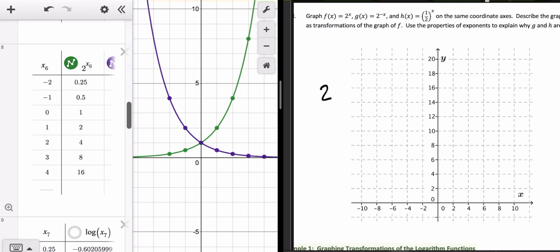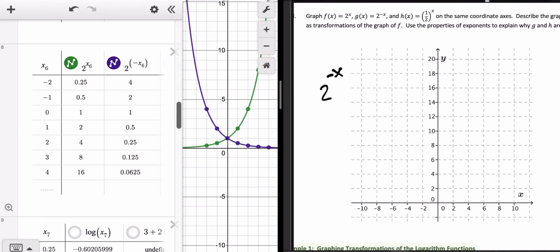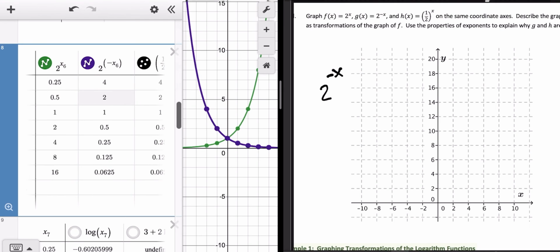Well, that's going to be 2 to the negative x. That puts our 2 in the denominator, right? So let's see here. Did I do that? Oh, yeah, I did. Yeah, see the black's going to be the exact same thing. It just moves it.